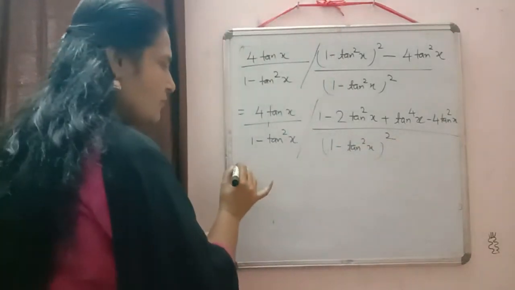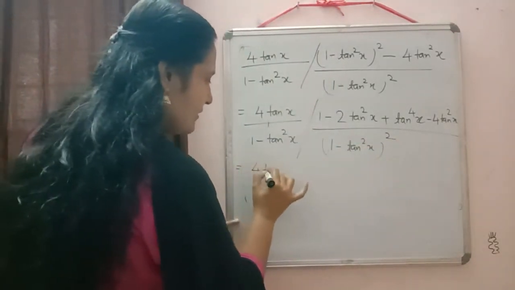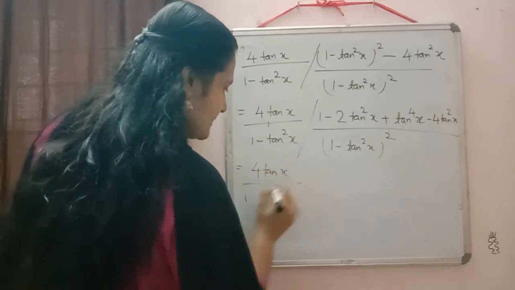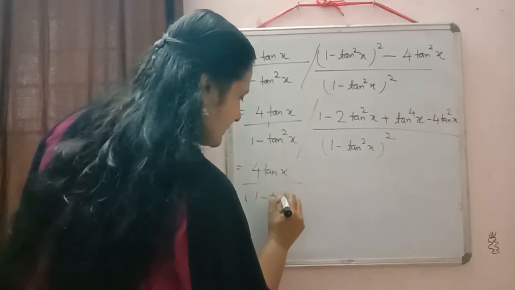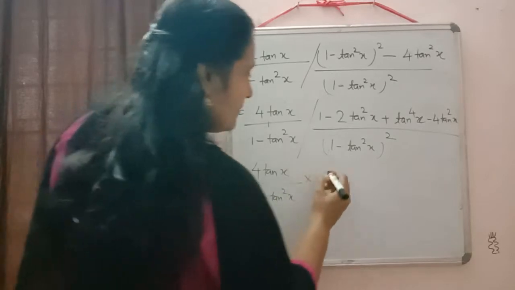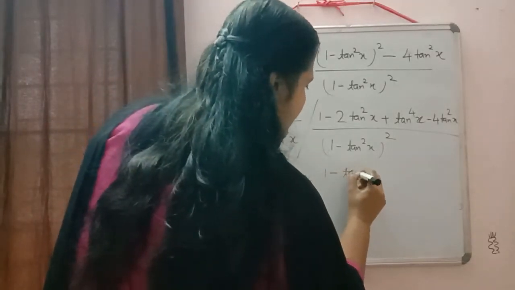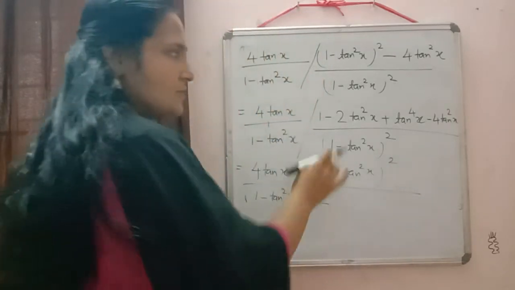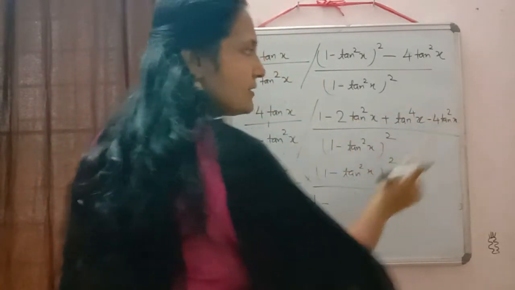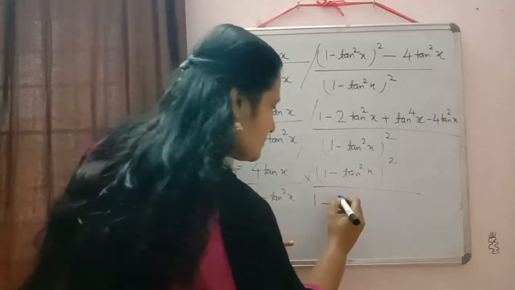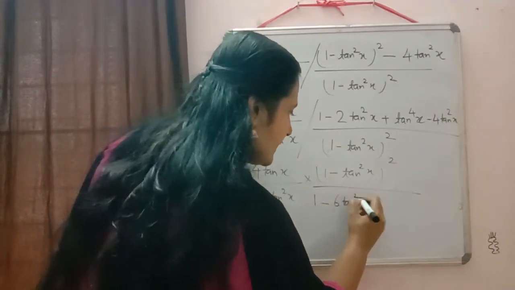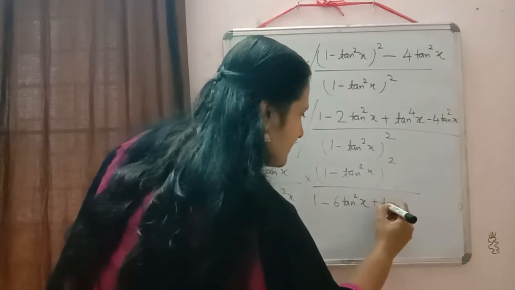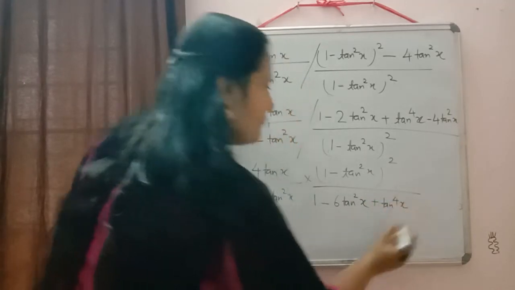Now what we will do? We'll change the division in form of multiplication. 1 minus tan square x into 1 minus tan square x the whole square by 1 minus 2 tan square x minus 4 tan square x. So that will be equal to minus 6 tan square x plus tan raised to 4x.